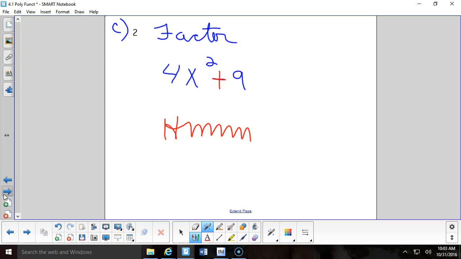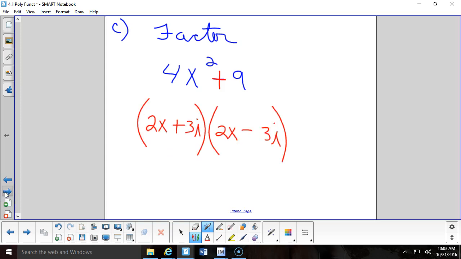But in the complex number system, it does. And it factors like that. Because they're conjugates of each other. So yes, it's in that same kind of mold of difference of two squares, but this is a sum of two squares now that can factor in the exact same way, but to get that last term to be positive, you've got to have an i in there.